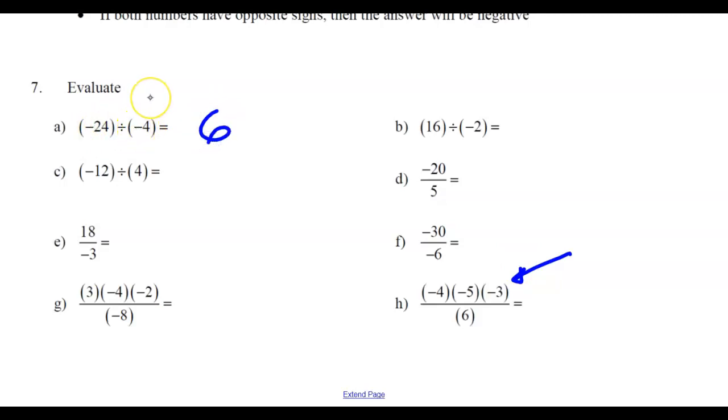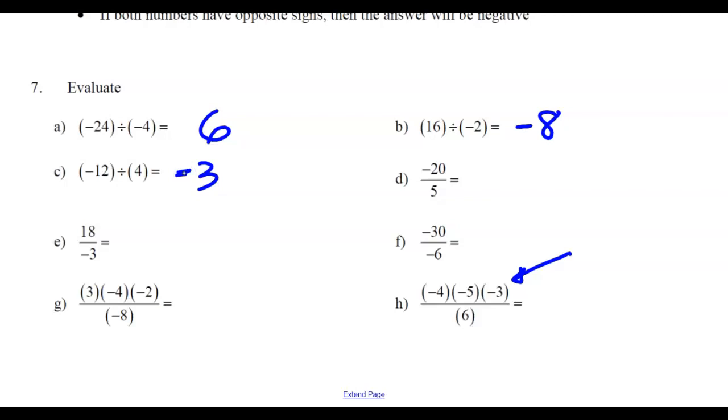They're both negative, so it's a positive answer. 16 divided by 2, that's 8. One of them is negative, so the answer is negative 8. 12 divided by 4 is 3. One negative, so the answer is negative.